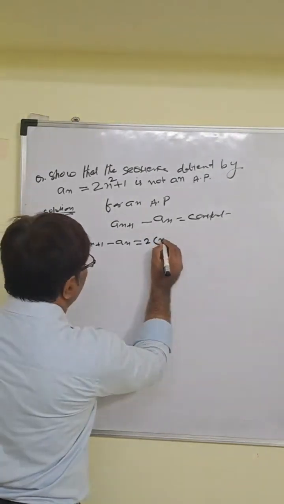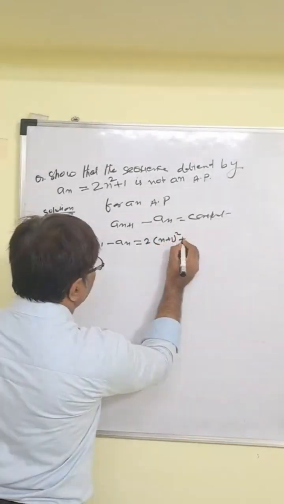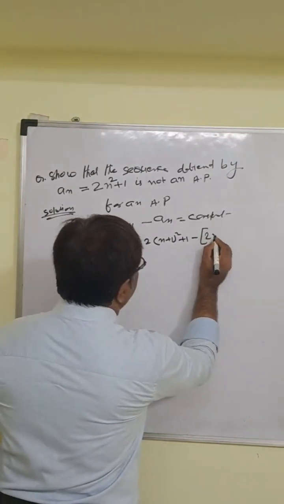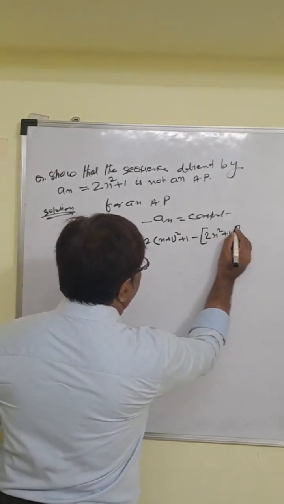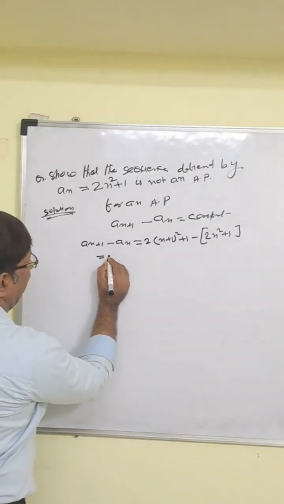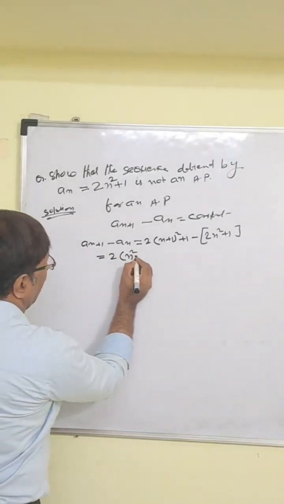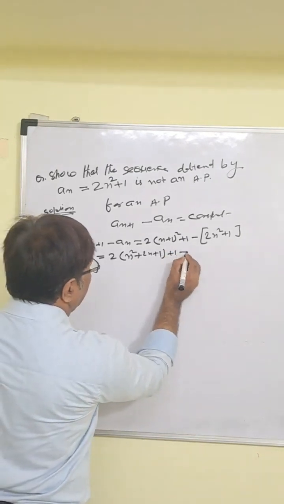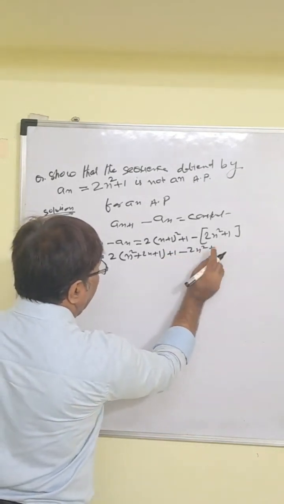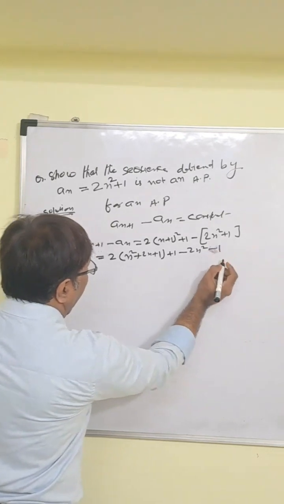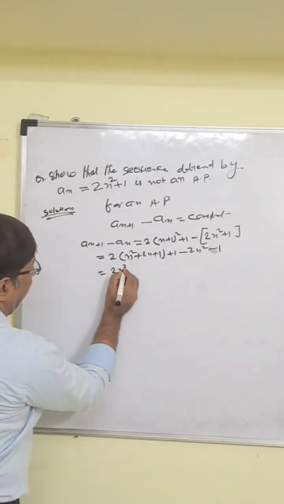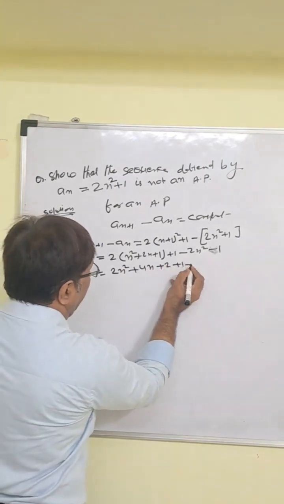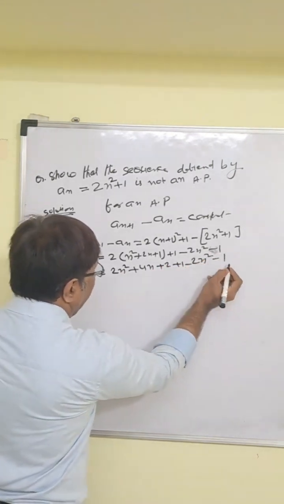So 2 into (n plus 1) whole square plus 1, and minus a_n, which is already given, 2n square plus 1. Now we can write 2 into (n square plus 2n plus 1) plus 1 minus 2n square minus 1.